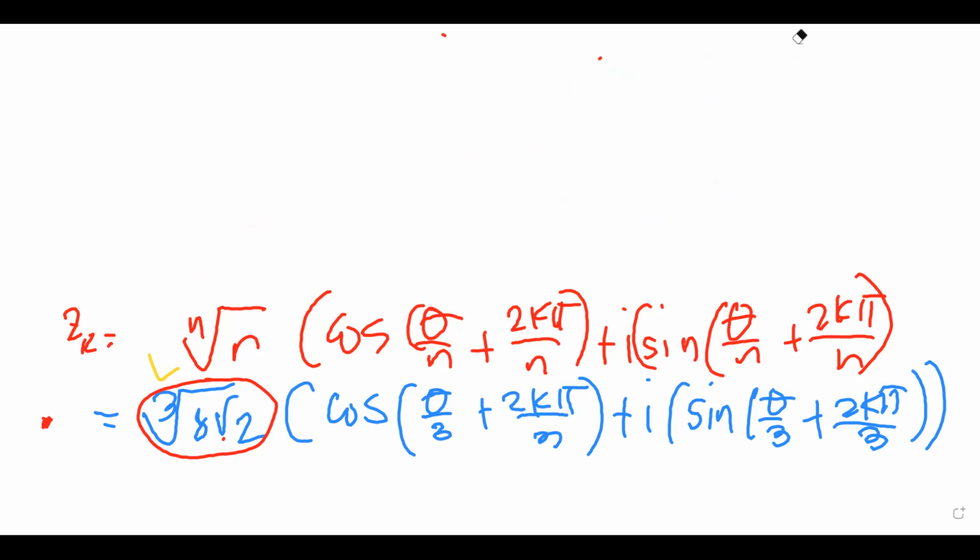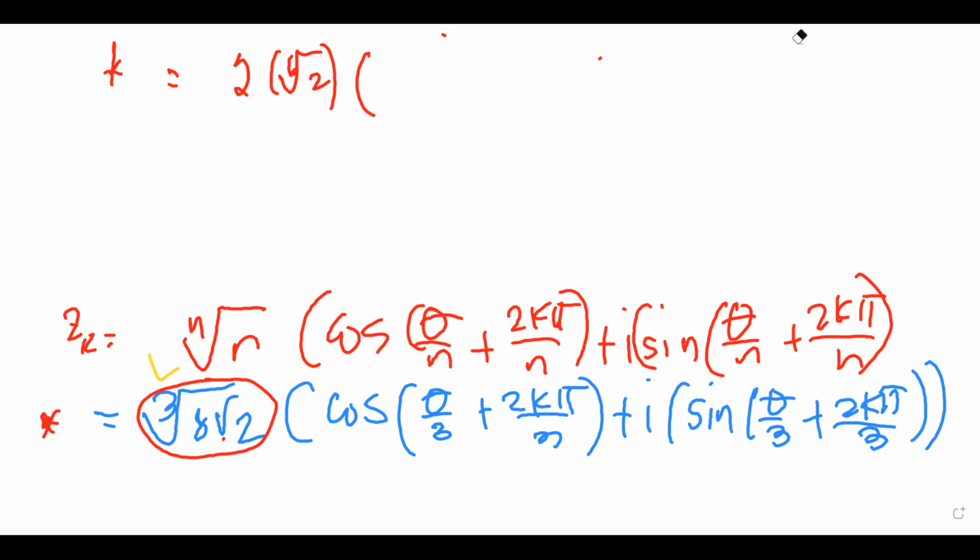Okay, so again, from here, we can write this as 2, the sixth root of 2. And then let's just use the value of theta, if you still remember. Let's replace theta by 3 pi over 4.